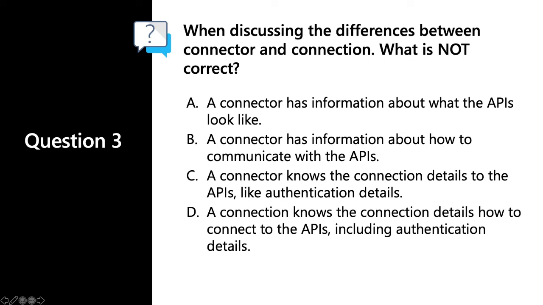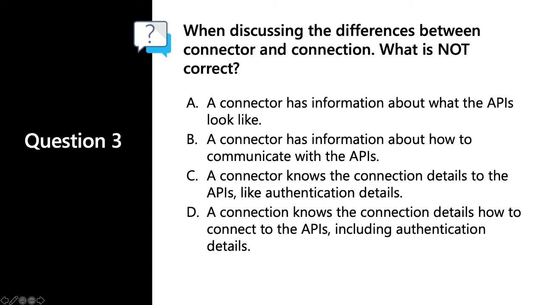The third option is that a connector knows the connection details to the APIs, like authentication details. Oh, okay. Does that sound correct? Nope. I think it's the other way around. Yep. The connection knows the connection details, or the authentication details, not the connector.